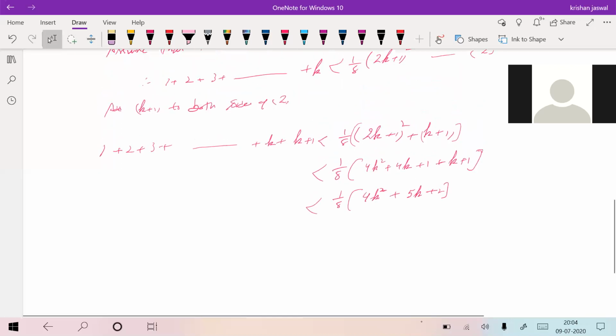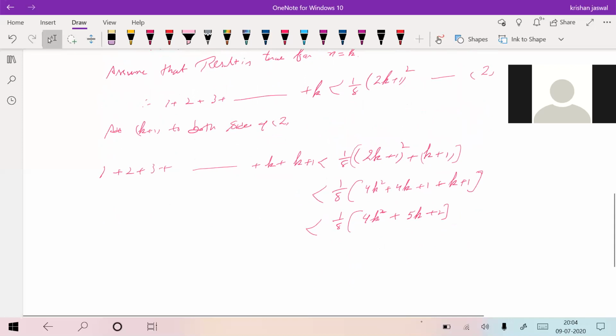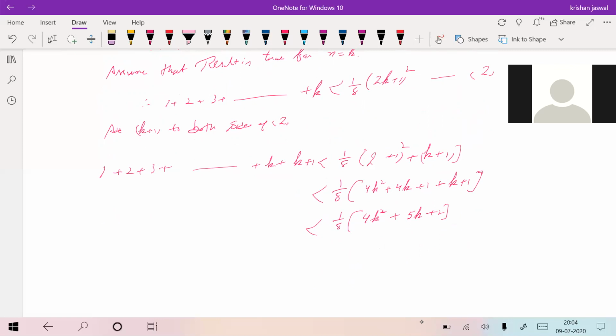Sorry. 1 over 8 is multiplied by the first term only, not by k plus 1. 1 over 8 is multiplied by (2k plus 1) whole square, not by k plus 1. If we take 8 as common, then k plus 1 is multiplied by 8.